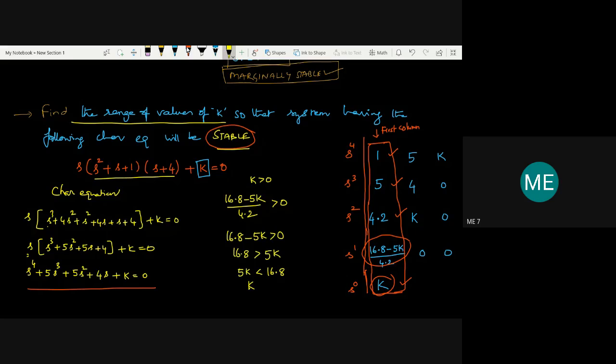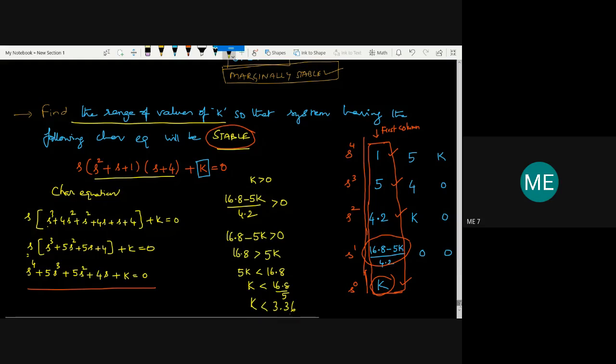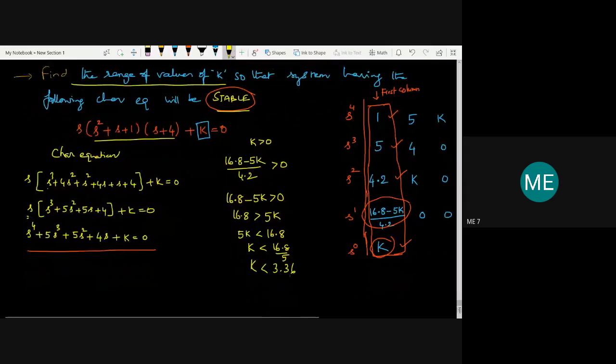So k is less than 16.8 divided by 5, which is k less than 3.36. So k is greater than 0, and it should be less than 3.36.